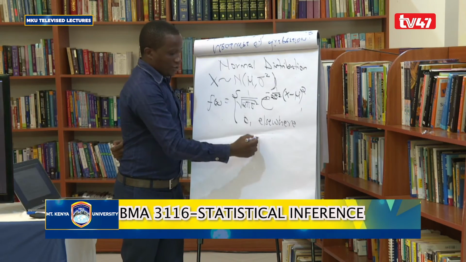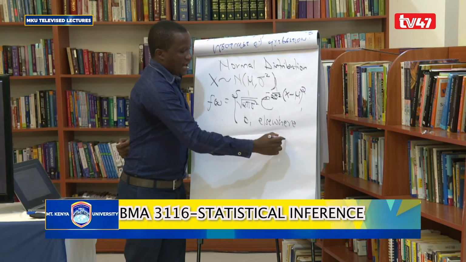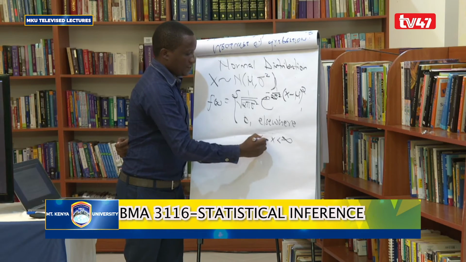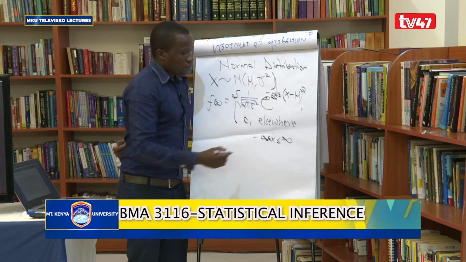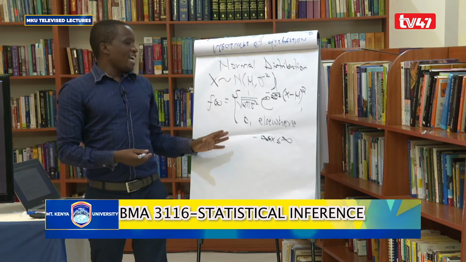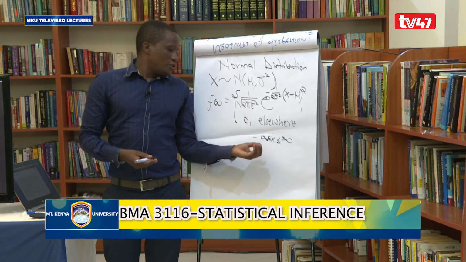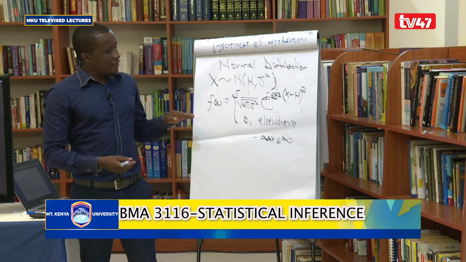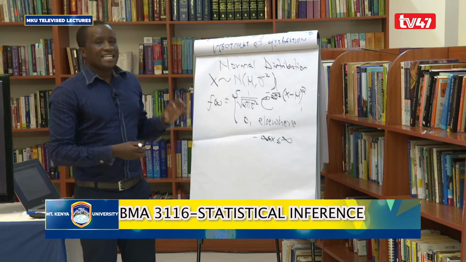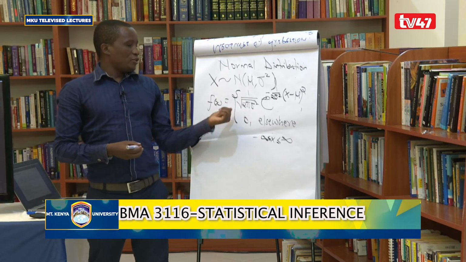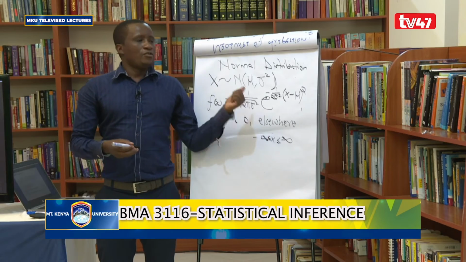Now, it is 0 elsewhere, and values of x are in the interval of the real line, negative infinity. So in this case, for a normal distribution, the value of x can be any value from negative infinity to infinity. Note that we are saying we can get any corresponding probability from a normal distribution given the value of x that we want.